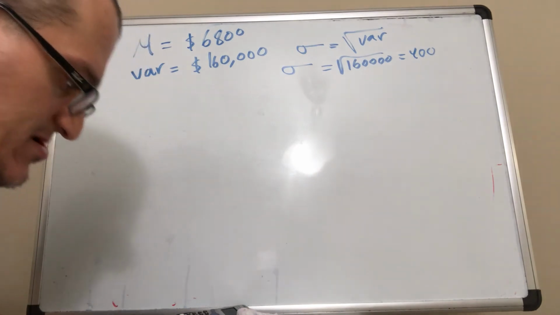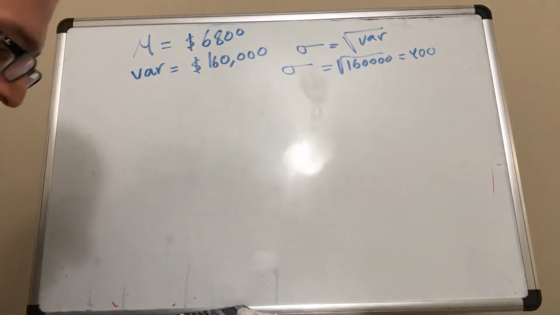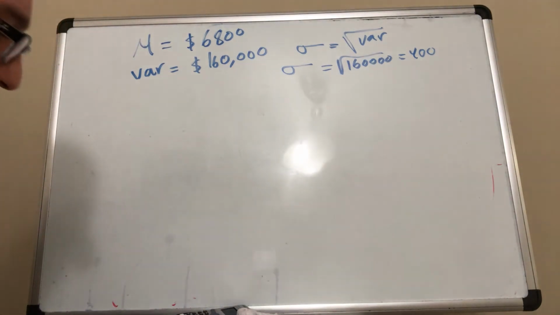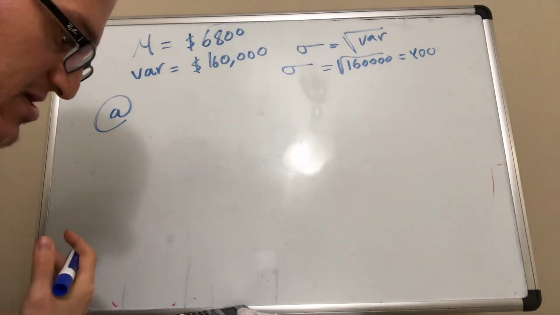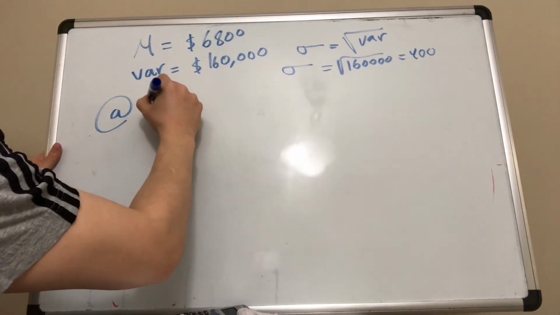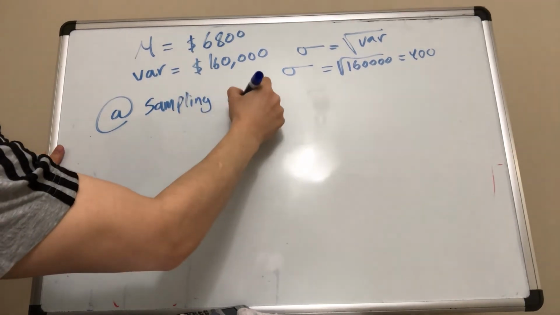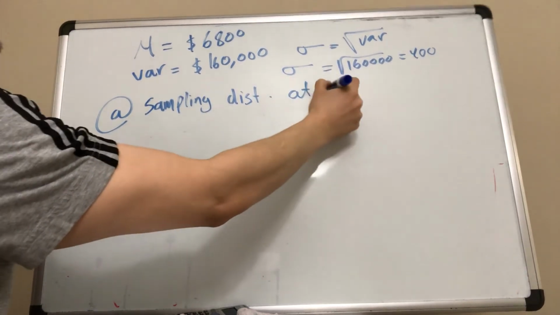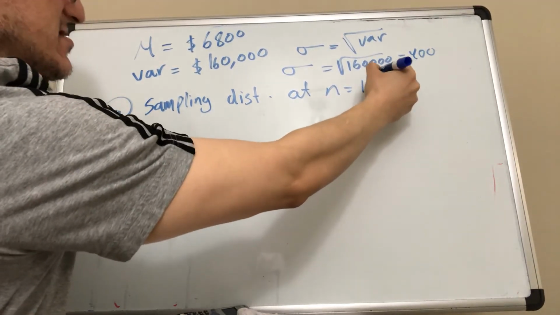Write down the sampling distribution of the mean. So, okay, when they say sampling distribution, it's the mean of a sample. Sampling distribution at n equals, they say 16.